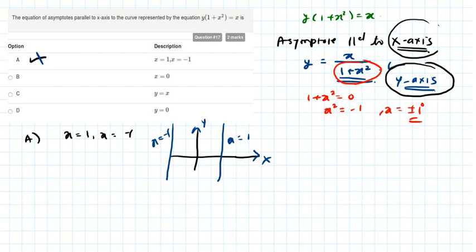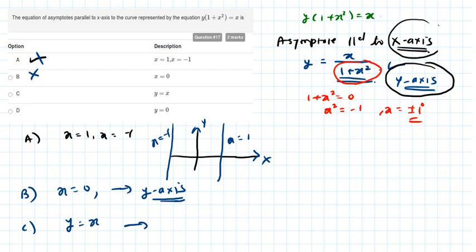If you check option B, x equal to 0 is the equation of the y-axis. The y-axis is also not parallel to the x-axis, so option B is also wrong. Then option C is the line y equal to x.